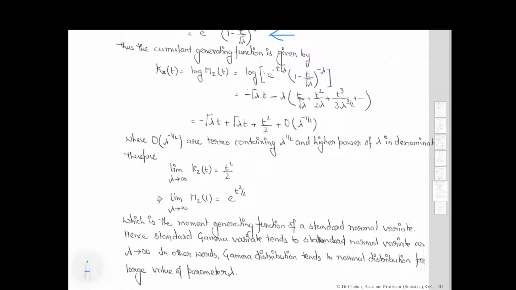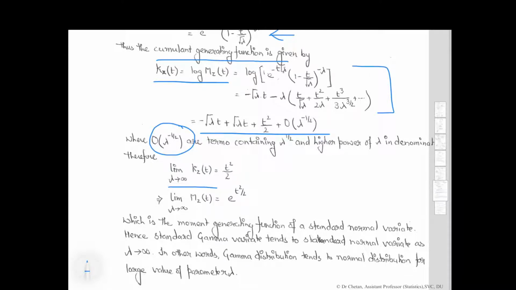Thus, the cumulant generating function of this variate is given by this quantity, which is equal to this quantity. After solving this, here the order of lambda raised to the power of minus half contains the term lambda to the power of half and higher powers of lambda in the denominator. Therefore, as lambda tends to infinity, kappa z of t is equal to this quantity.